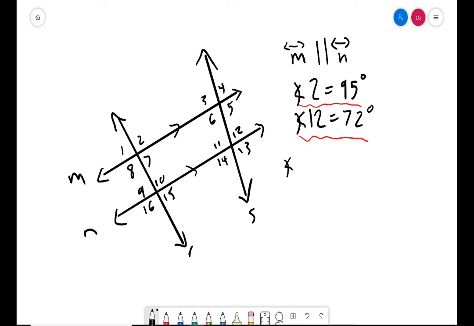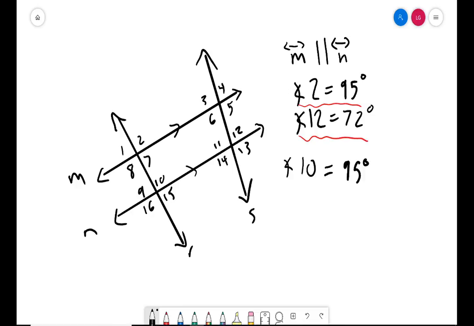So first example, angle 10. What is the measure of angle 10? Be careful. The measure of angle 10 is 95 degrees. It's not 72 degrees.